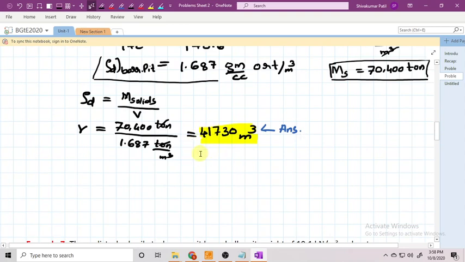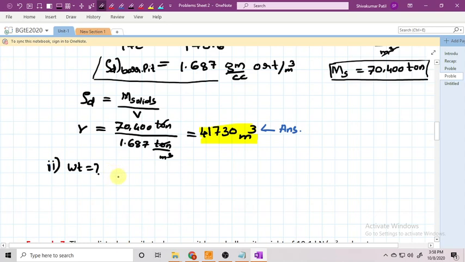So this is the volume. Okay, so what should be the mass? How much weight of the soil should be removed? This is the volume of soil to be removed. Okay, so your second part of the question is that. They are asking what should be the weight of soil from the borrow pit.